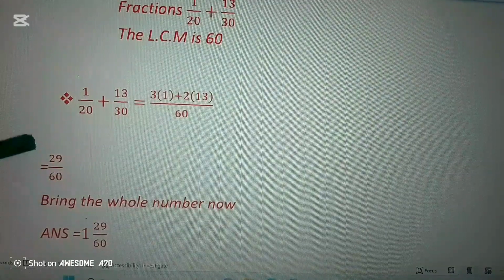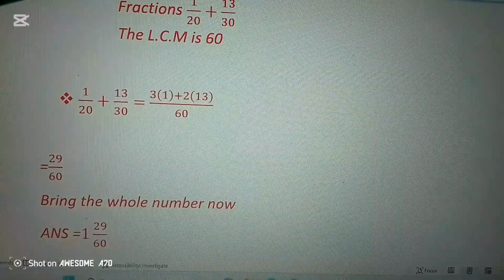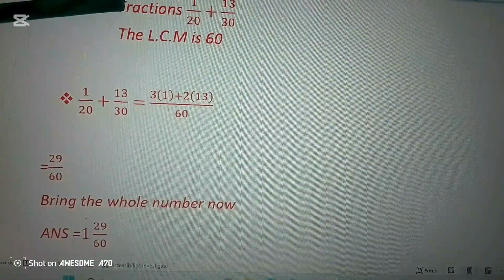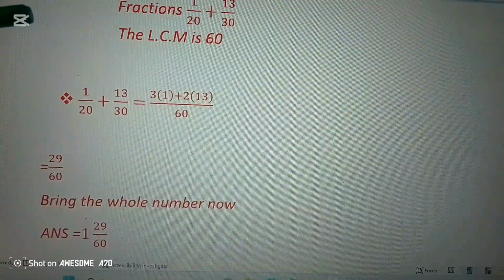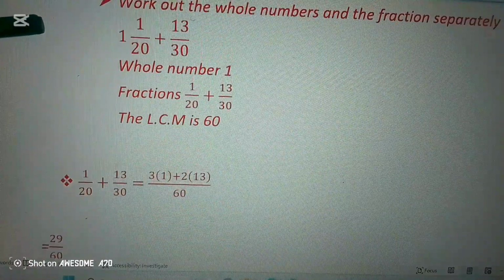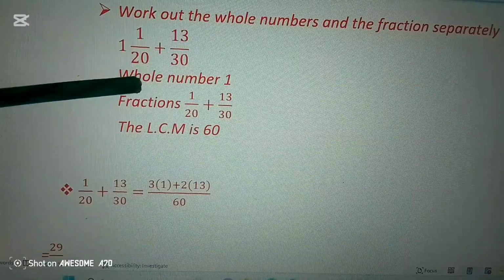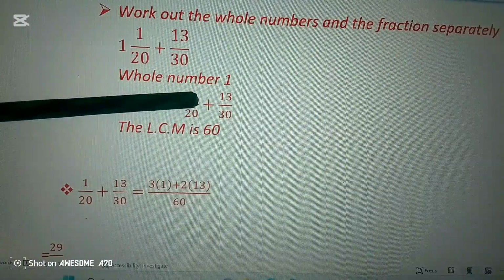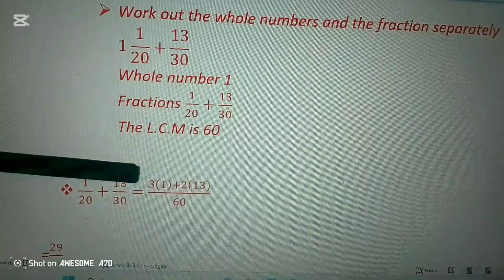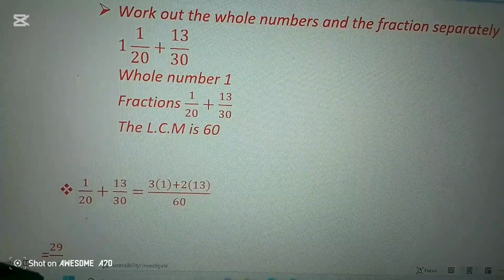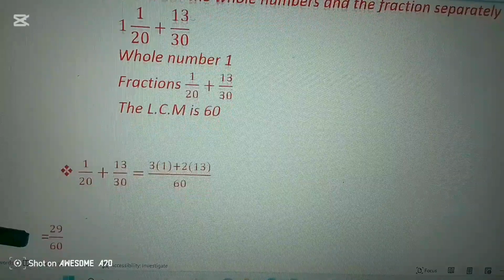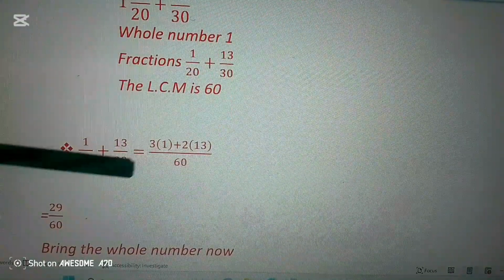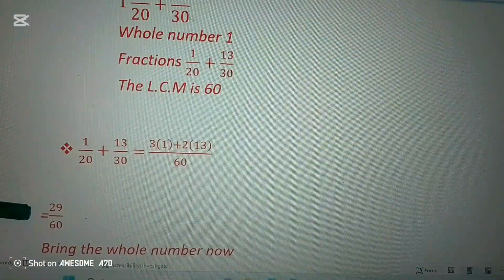So if we add 1 over 20 to 13 over 30, we get 29 over 60.